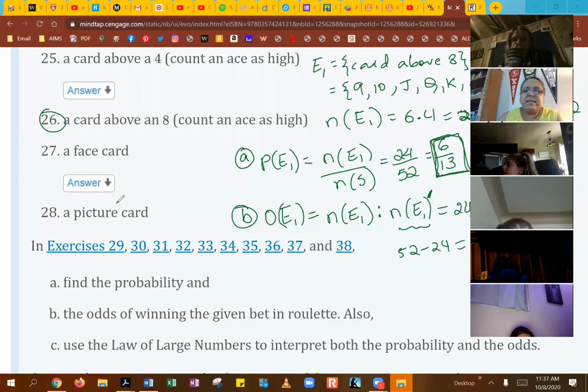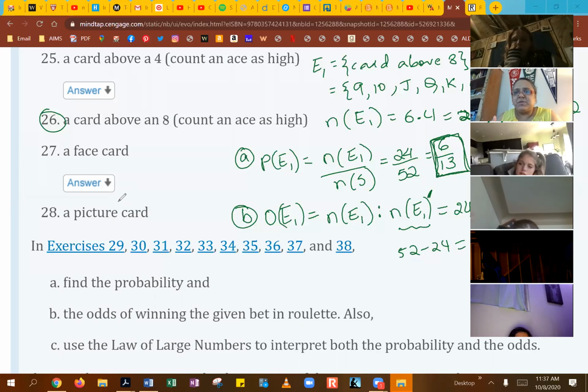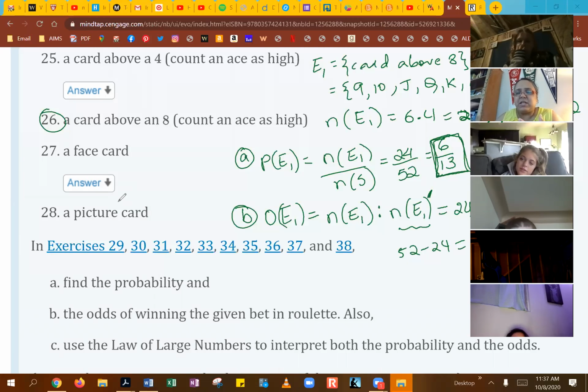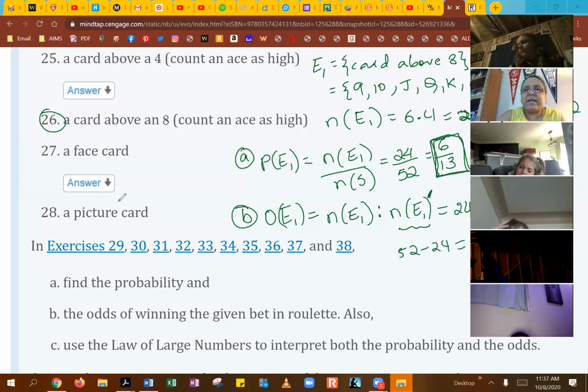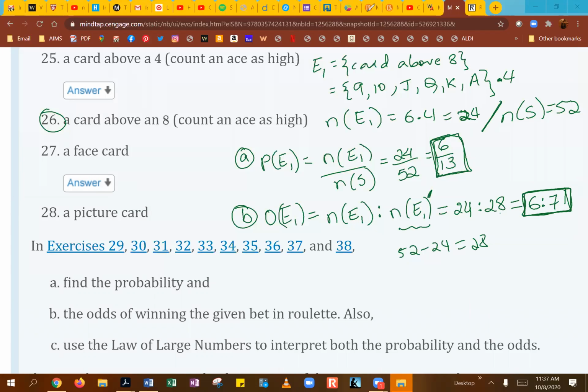Yeah, I mean, again, the idea is when we're talking about law of large numbers, we do expect this to happen. But when you actually perform the experiment, you may actually need a lot more tries to match this probability of 6 out of 13. But that's kind of what we talk about in the law of large numbers. That's possible.